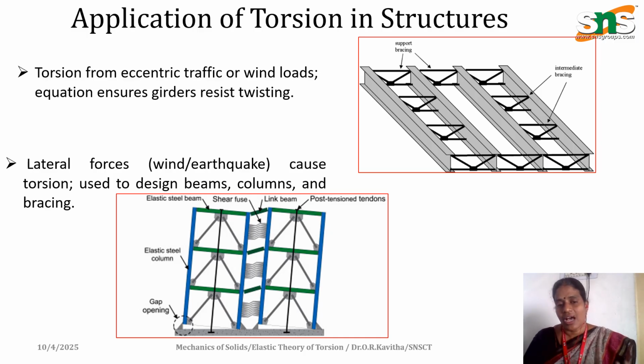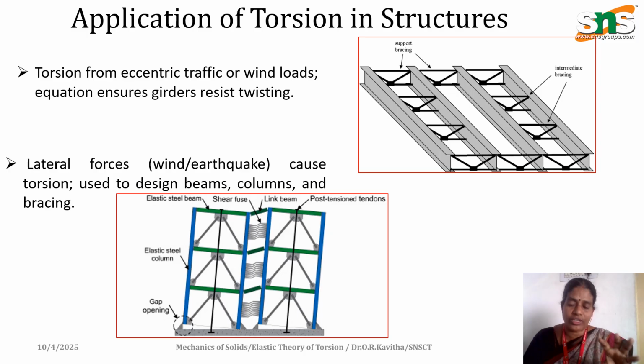This is a multi-storey building. Here also they were using bracings. If you are not calculating the torsional effects due to wind pressure or earthquake pressure, we can't get the proper design.